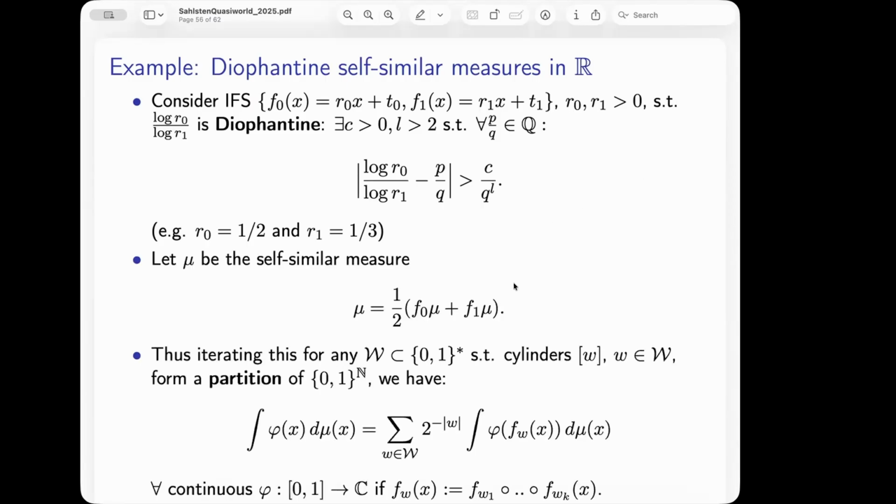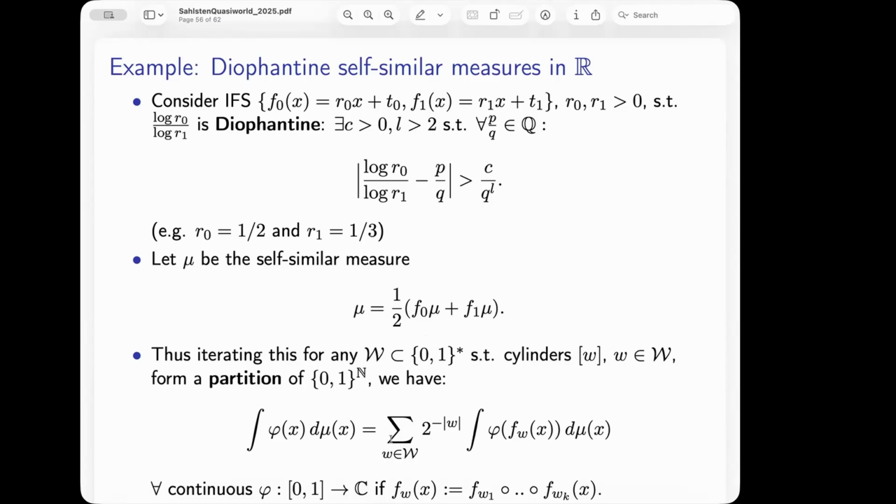Then we take a self-similar measure on the real line, and we can iterate this and use the partitioning of the tree. The self-similarity is typically written as splitting the tree into two cylinders. But we can split it further into sub-cylinders if you have something called a stopping time condition, some condition on the verge, then you can split the tree with this kind of self-similarity.